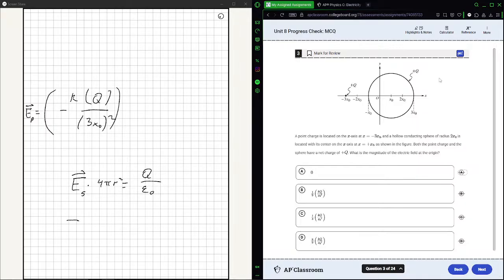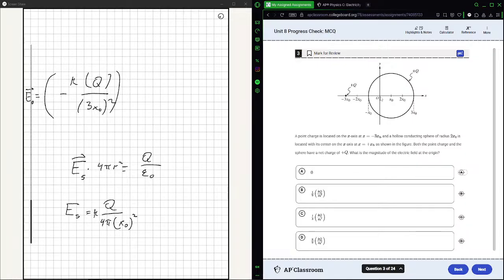So it's q over 4 pi, and the distance from x0, the center of the sphere, to the origin, the point we're testing, is x0, so x0 squared, times k. I'll make this over 4 pi epsilon naught.